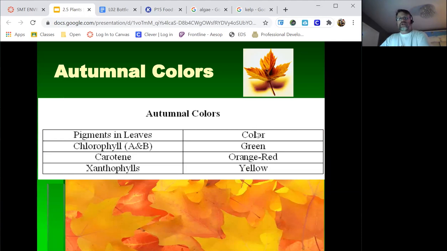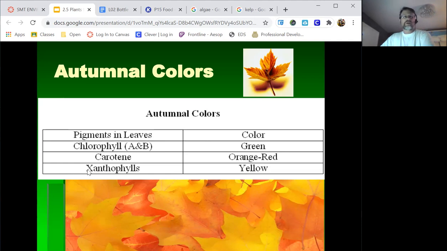And they change colors because as the weather gets cold, the plant stops supporting the chlorophyll and the green pigment breaks down because the chlorophyll is no longer there. And when the green disappears, we just have these other chemicals left, and those chemicals are reflecting different colors.